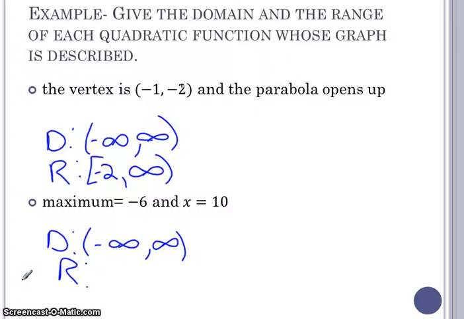No, because if it's got a maximum value, that means that it's open down. So it's going to go from negative infinity to -6.